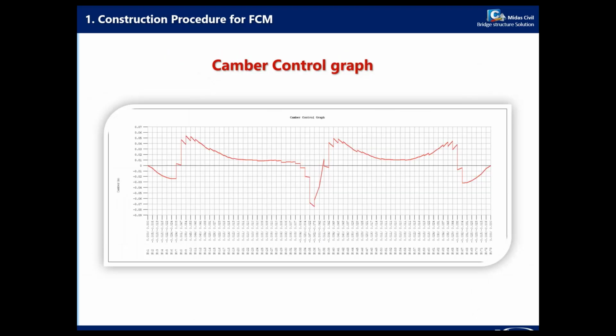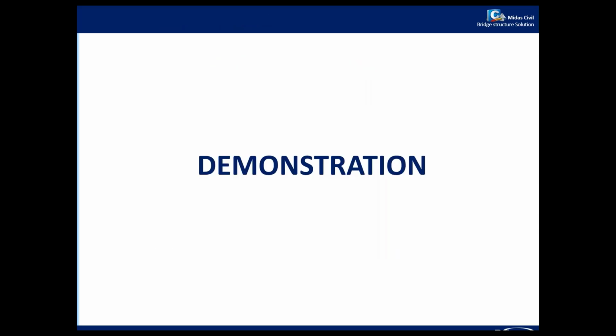And then the camber control result can also be checked in Midas Civil. So we are going to use the software so we can understand very well how Midas Civil can handle the prestressed concrete box girder using the FCM method.